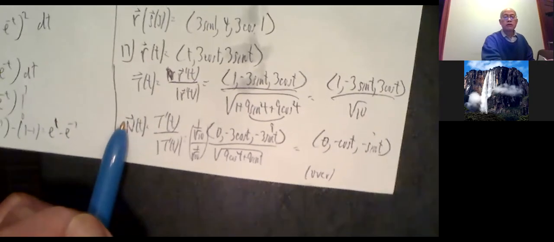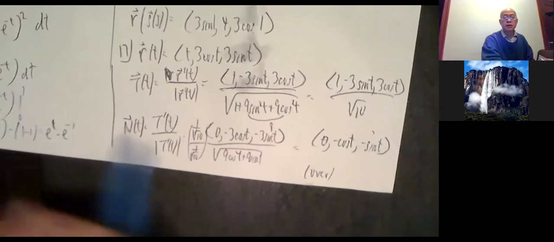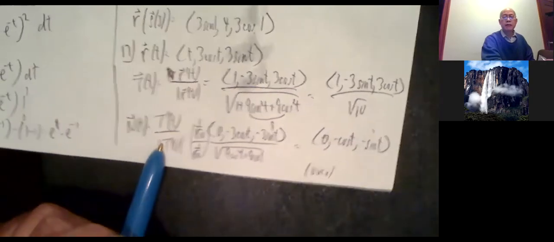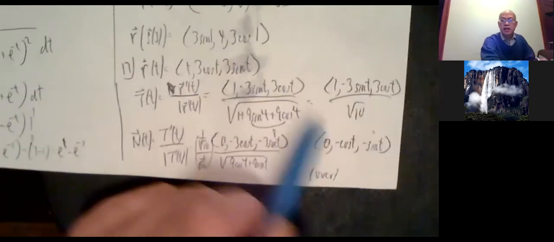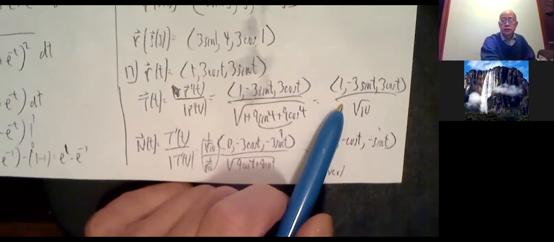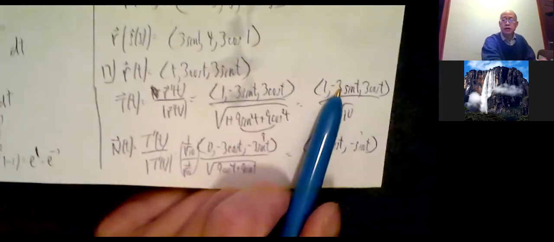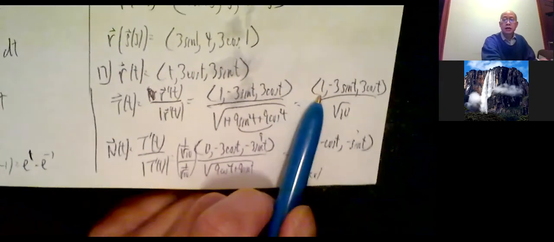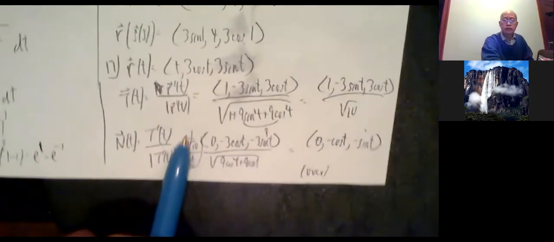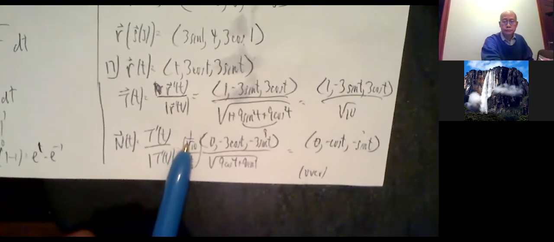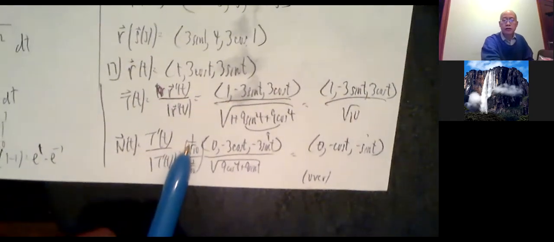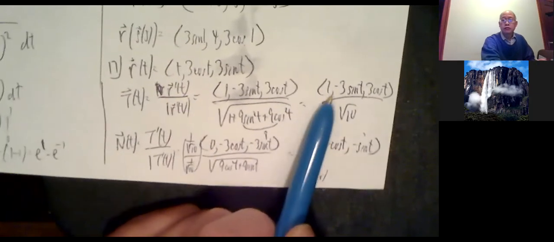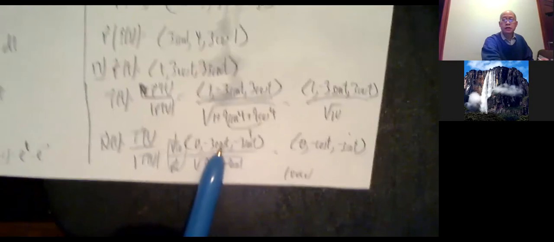Okay, unit normal vector, by definition, is T prime divided by magnitude of T prime. I think it's easier not to include the radical 10. Remember, if you have a constant times a function, the derivative is the constant times the derivative of the function. So I'll just factor out the 1 over radical 10. You're allowed to do that. Rather than carrying the radical 10 everywhere, just factor it out, and then differentiate all of these. So derivative of 1 is 0. Derivative of that is negative 3 cosine t.